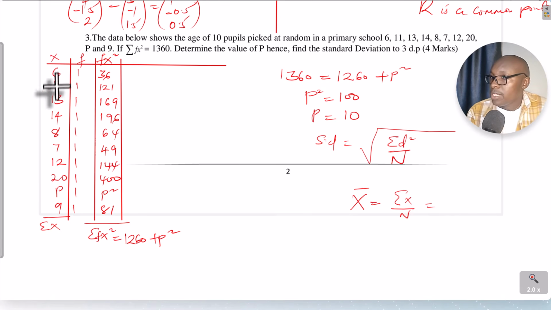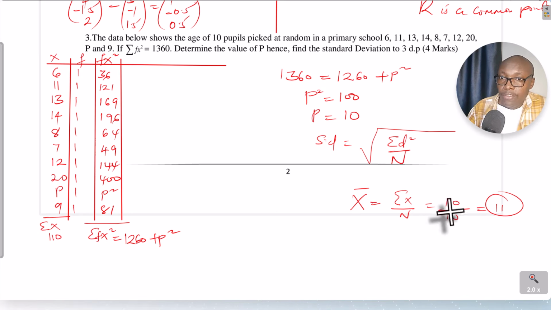So when you add 6 plus 11 plus 13 plus 14 plus 8 plus 7 plus 12 plus 20, plus p, which is 10, plus 9, this will give 110. So the mean will be 110 divided by 10. So the mean will be 11.